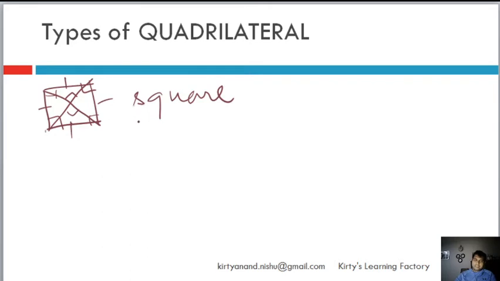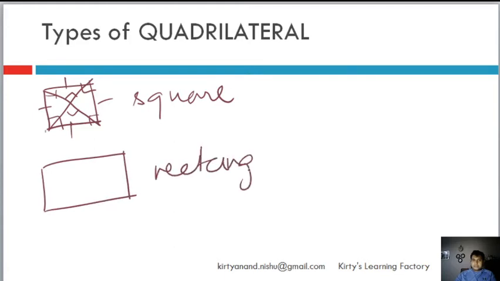That's it, nothing else. Then we go to another quadrilateral, which is the rectangle. Okay, so what is a rectangle? Broadly all the things are the same, there is only a little bit of a difference between a rectangle and a square, so let's see what.